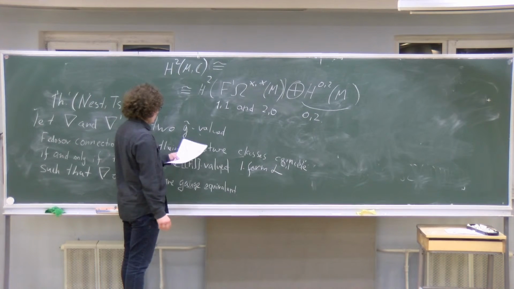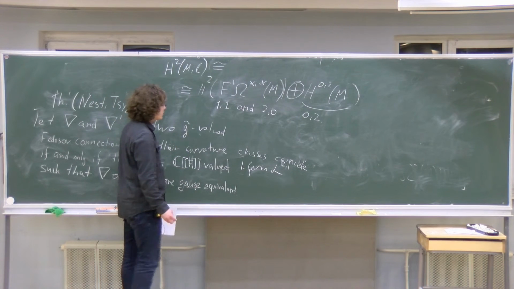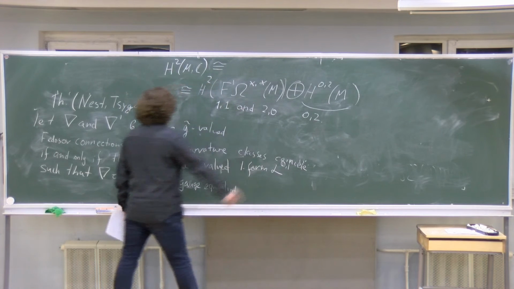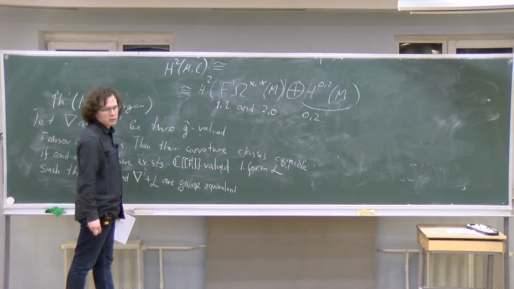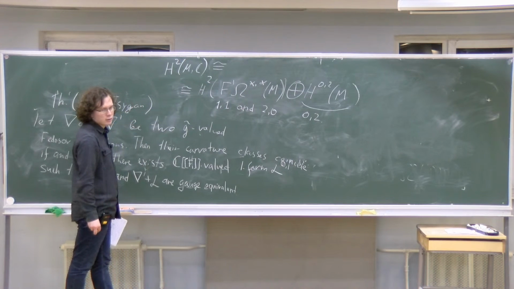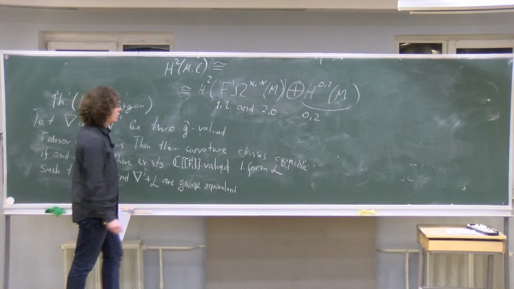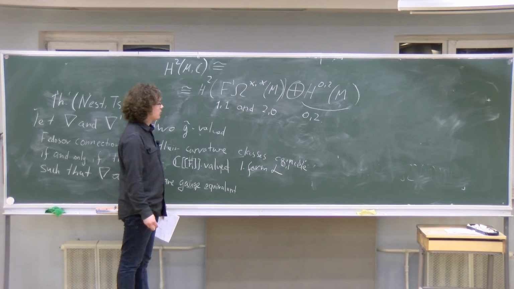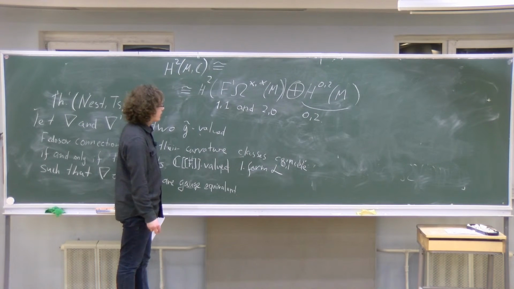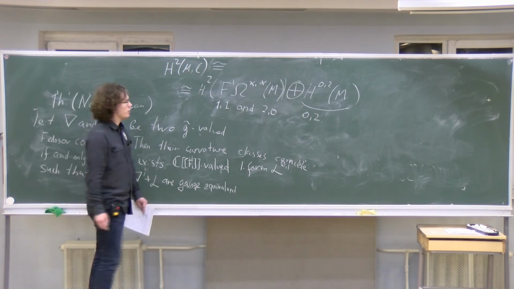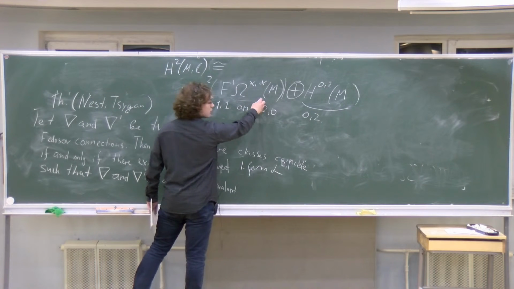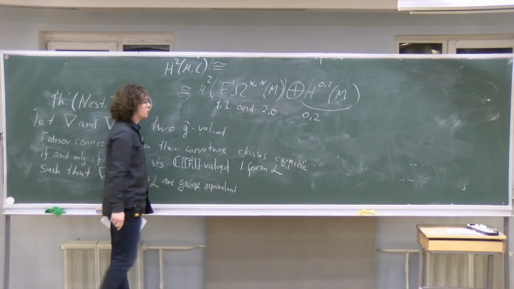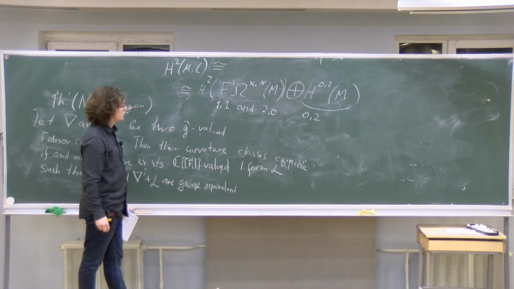Yes. So now we can, when we have this. I'm sorry, I don't understand. What do you mean by the grading on cohomology? So you have splitting of differential forms. We have this. No, what do you mean when you write H02? What do you mean?